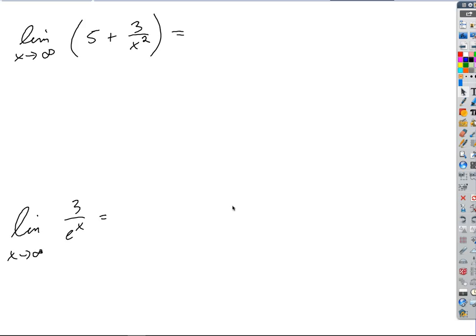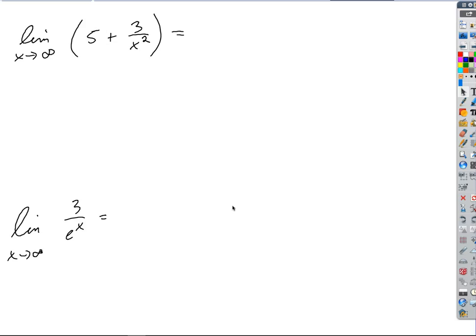So let's try some limits then. What if we take a limit at infinity? How about this top one? What do you think we can do with that? Ideas. If I've got a limit of a sum of terms, I can just break it into separate limits, right?